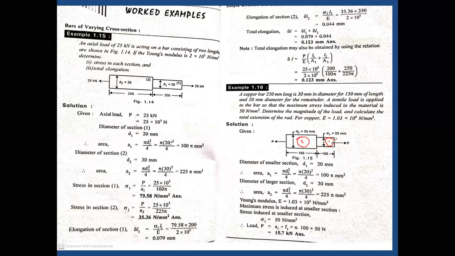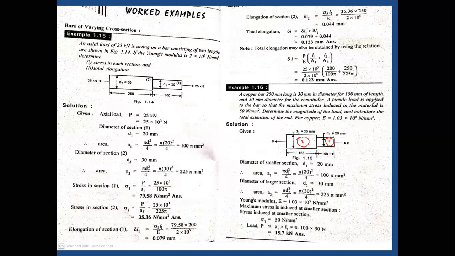For this portion, the area is pi by 4 d square, which is 100 into pi mm square. For the second portion, pi by 4 d square is 225 multiplied by pi mm square. As per the given data, the Young's modulus is 1.03 into 10 to the power of 5.